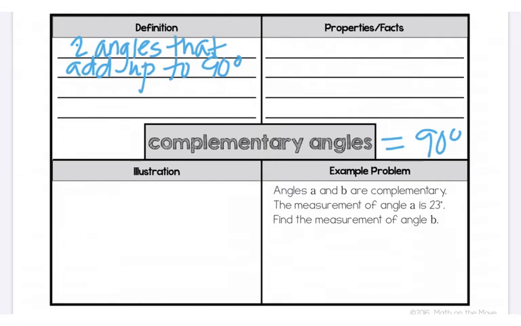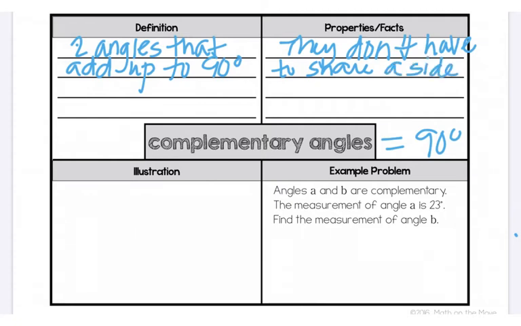Another thing to remember about complementary angles, like supplementary, they don't have to share a side. Sorry, my handwriting is horrible with the stylus on the iPad. So, they don't have to share a side or be connected.